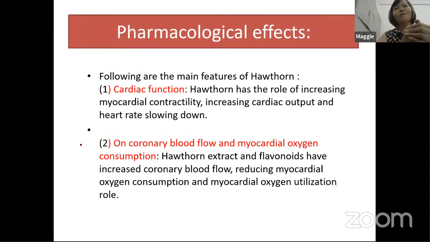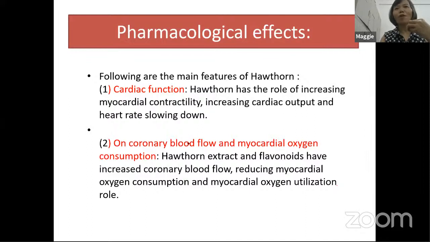So, pharmacological effects. Pharmacological tests indicate that hawthorn has the following effects. One is on cardiac function. Hawthorn has a role of increasing myocardial contractility, increasing cardiac output, and slowing heart rate. 2, on coronary blood flow and myocardial oxygen consumption.